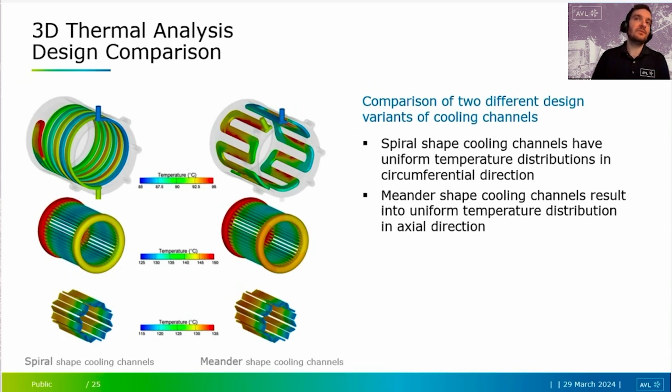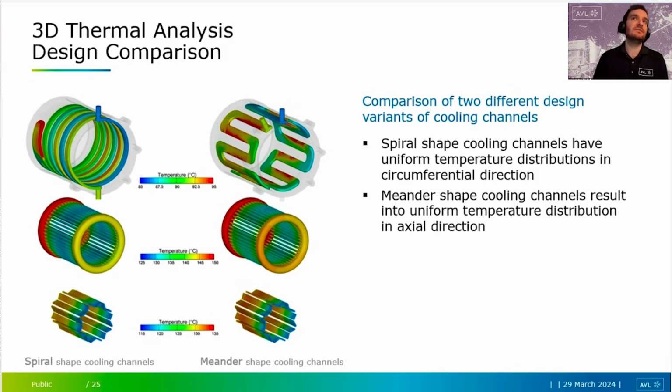With FireM and with the e-motor tool, with the appropriate boundary conditions, you're able to do radical channel design analysis, and then you can see what the temperature looks like on your magnets and on your rotor, and effectively understand if a design is better or worse for your given application.